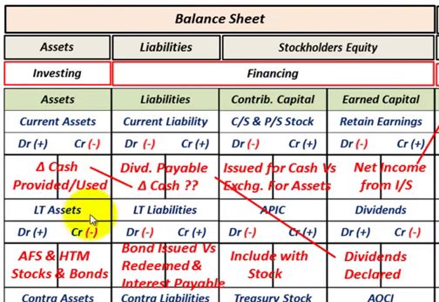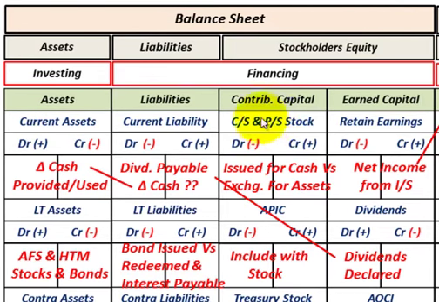And then one other thing we want to talk about before we get into our financing activities, we want to make a distinction between stocks. Common stock is what we call contributed capital by the company. This is where they're going to issue common stock or preferred stock and sell it to the shareholders. Shareholders buy it, and they would pay cash, a cash transaction to purchase common stock or preferred stock from the company.